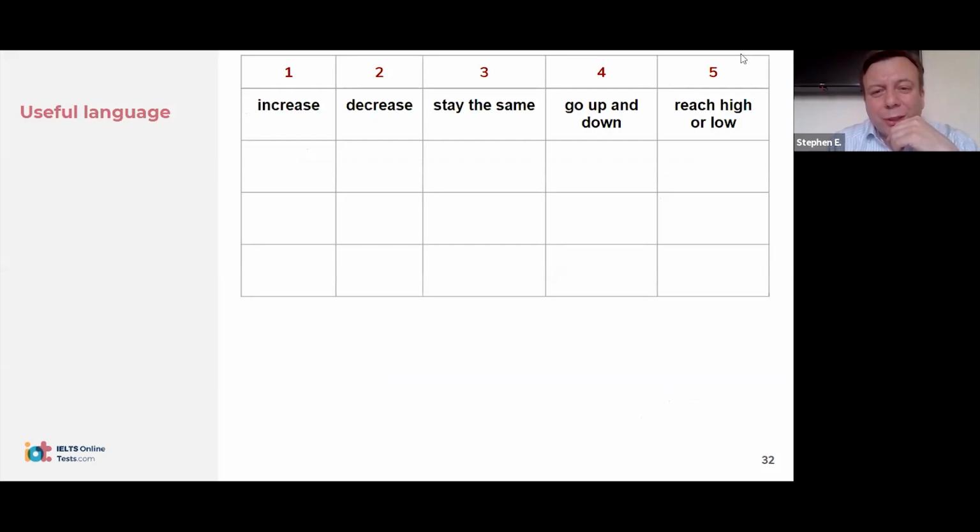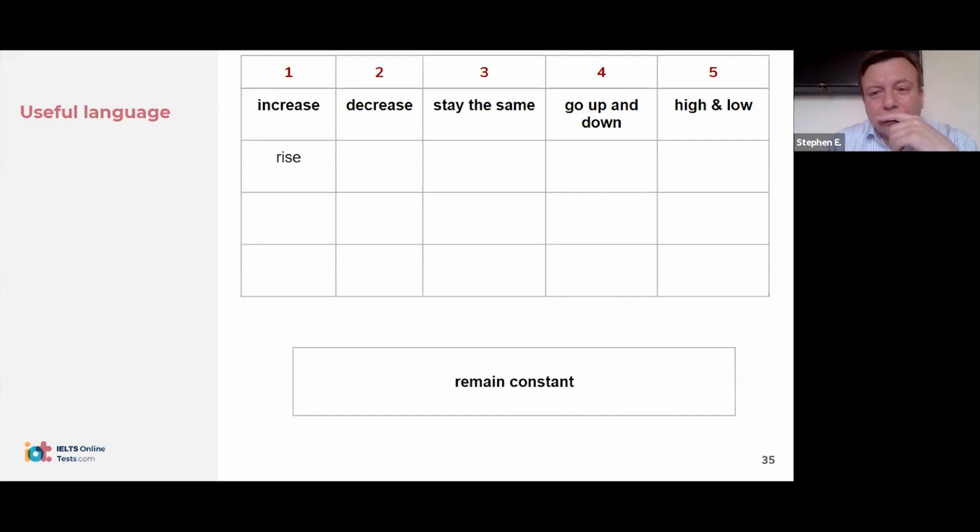So see if you can put the vocabulary in the correct box. So rise, where are we going to put that? Yeah, good. Remain constant. Okay, Sky, Michaela, good. Fluctuate. Good. Reach a peak.